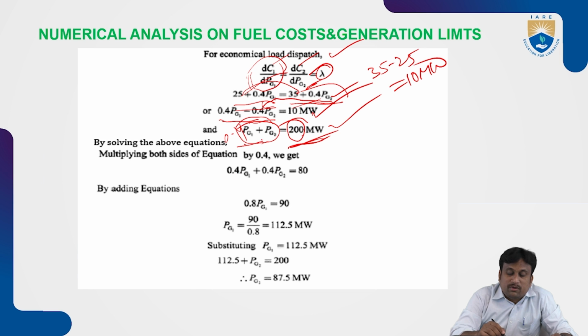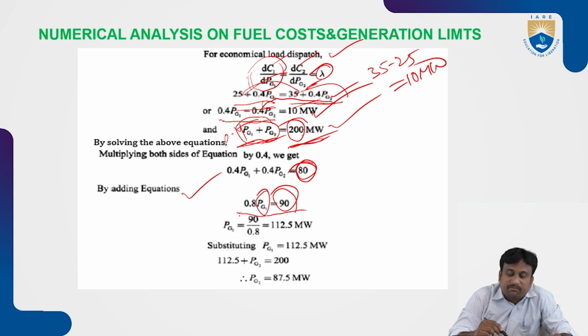Then 0.4 PG1 plus 0.4 PG2 is equal to 0.4 into 200, which is 80. So by adding the equations, we obtain 0.8 PG1 equals 90.